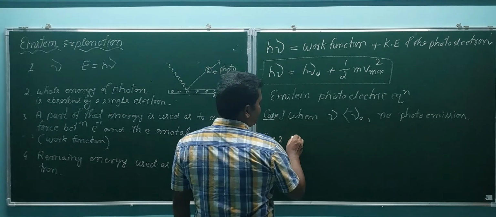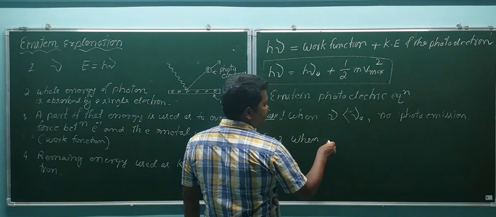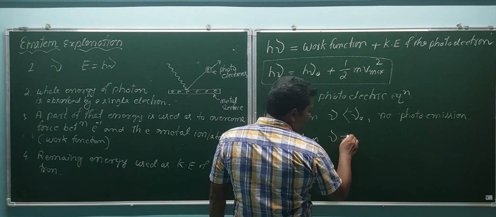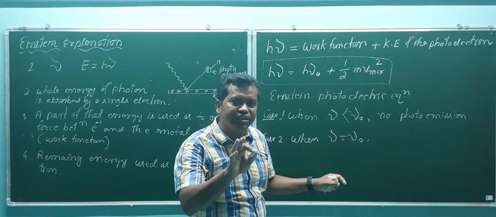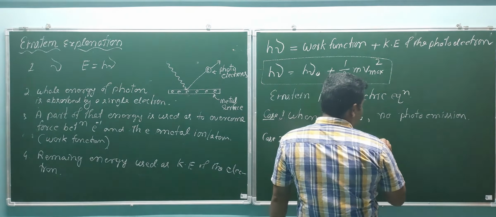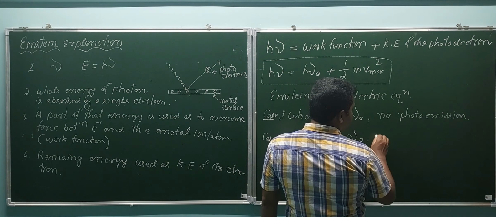Case 2: when nu is equal to nu naught, there will be photoemission but with zero kinetic energy.